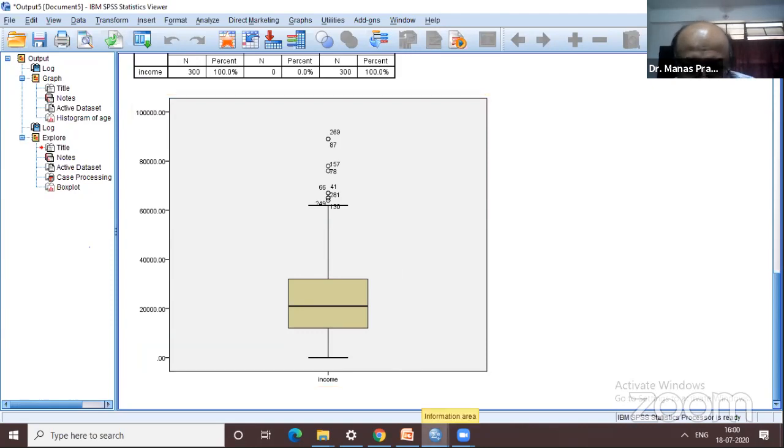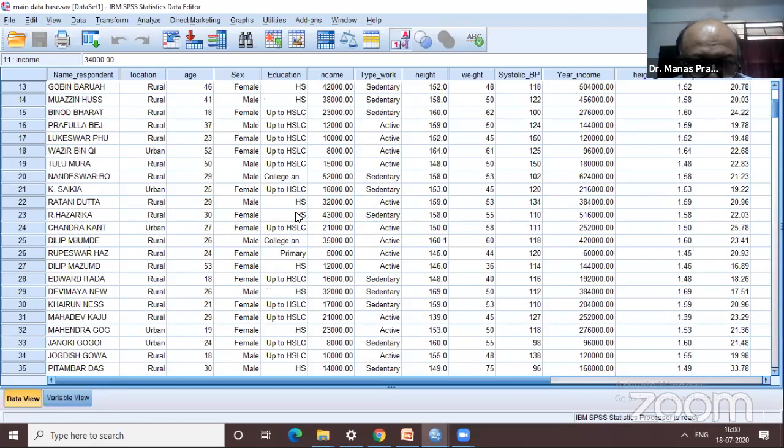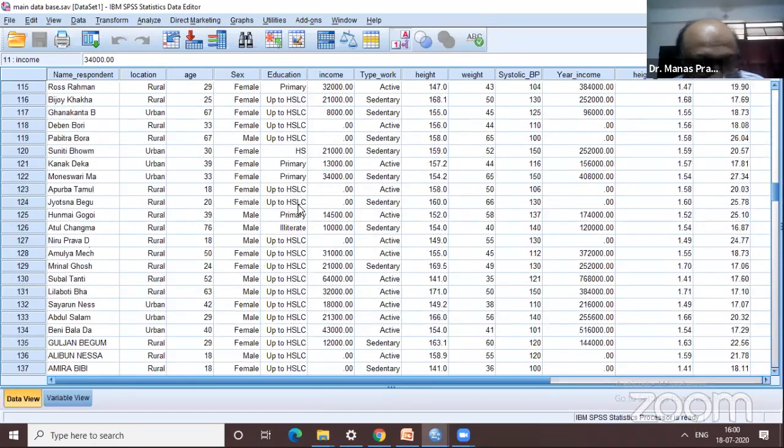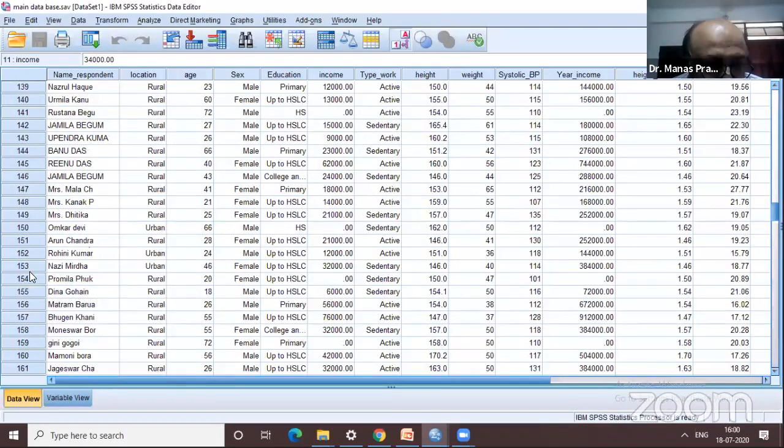So we can see observation number 157. This is the 157 value. You see 76,000. It is much higher than the others. That means it is an extreme observation. So this is called an outlier.